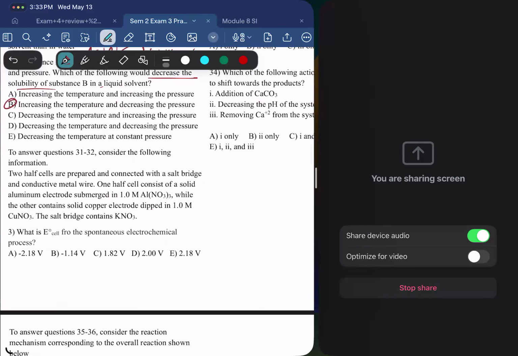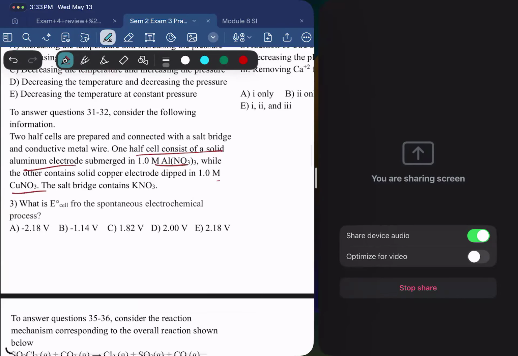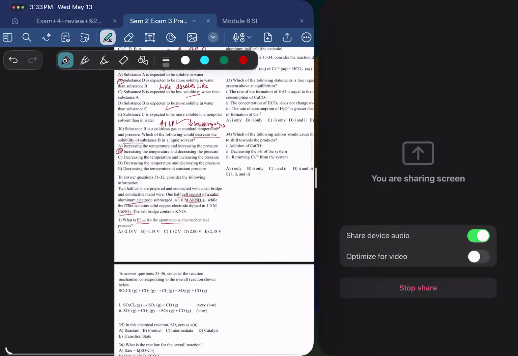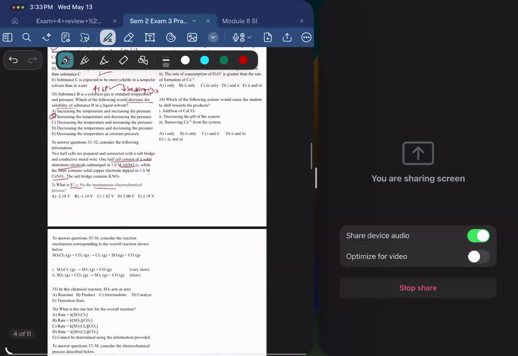31. 31 is we have a half reaction, and they give us some ideas and thoughts. So there's a salt bridge, and one cell has aluminum nitrate with an aluminum electrode, and the other one has copper nitrate with a copper electrode. So we're trying to figure out the E cell for the spontaneous reaction. And so in order to do this, we have to refer to the reference table.